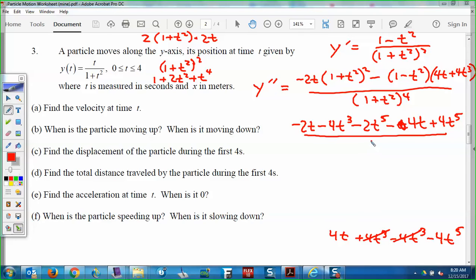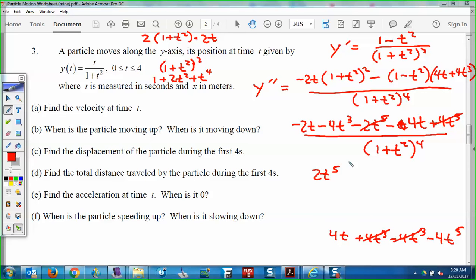Now, to be honest, I don't really care what the bottom is. Okay, let's look at the bottom a minute. Number one, we care about when the top is 0, right? But there's my, well, I could simplify that. Let's simplify that a little bit. So find the acceleration at time t. So what can I put together? My fifths. Okay, I got 2t to the fifth.